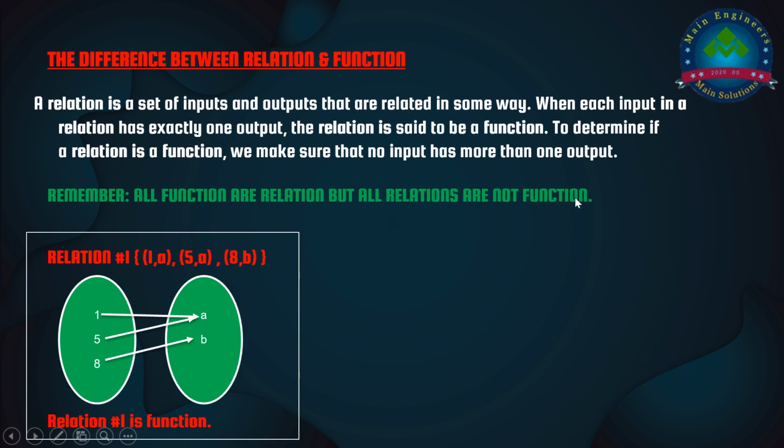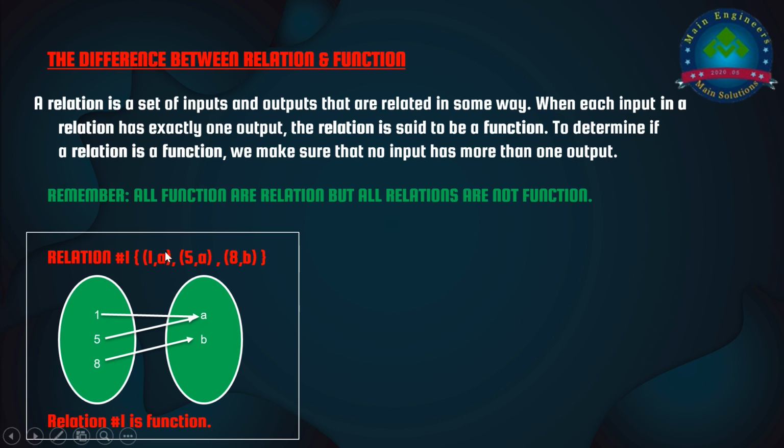Let's give an example. Let's say relation 1 has 3 sets of pairs: (1,a), (5,a) and (8,b). Let's draw it in a sketch. The first members of the pairs are the domain, so 1, 5 and 8 is the domain, and the second members of the pairs are the range.